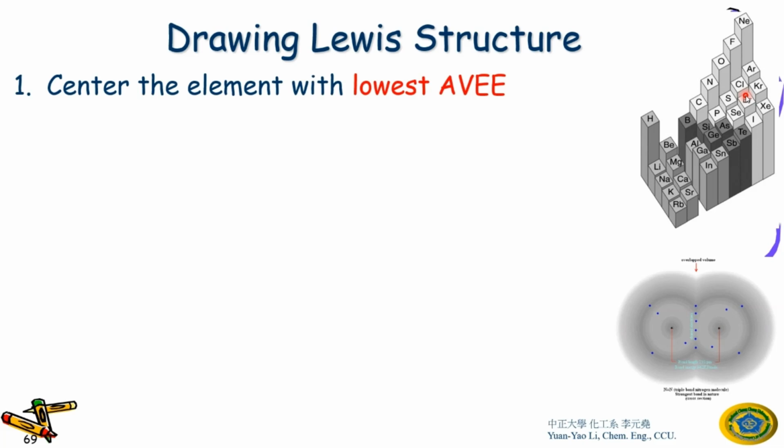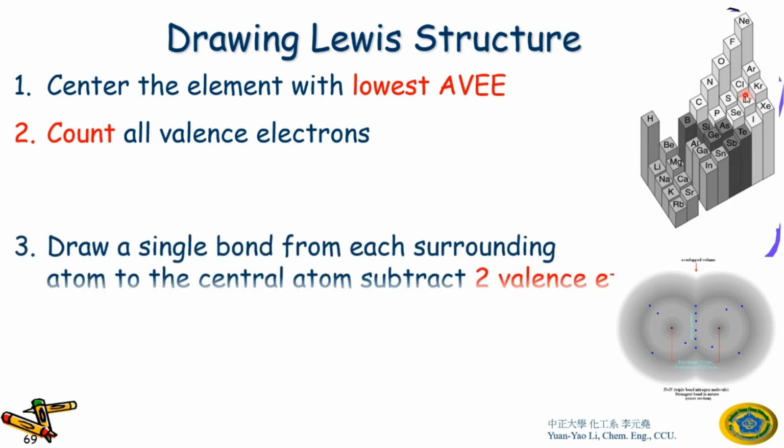So if you have a molecule with many elements, you find the one element with the lowest AVE and put it in the center. After that, you count all valence electrons. How many valence electrons in element A? How many in element B? How many in element C? That's an example.